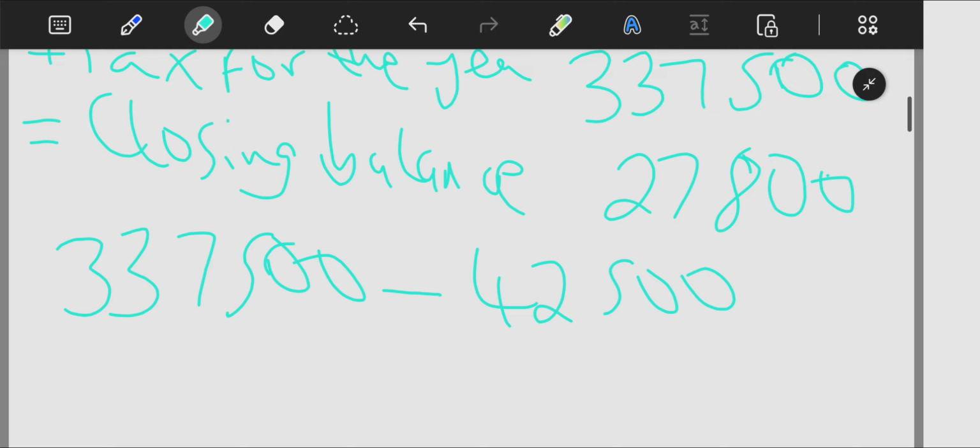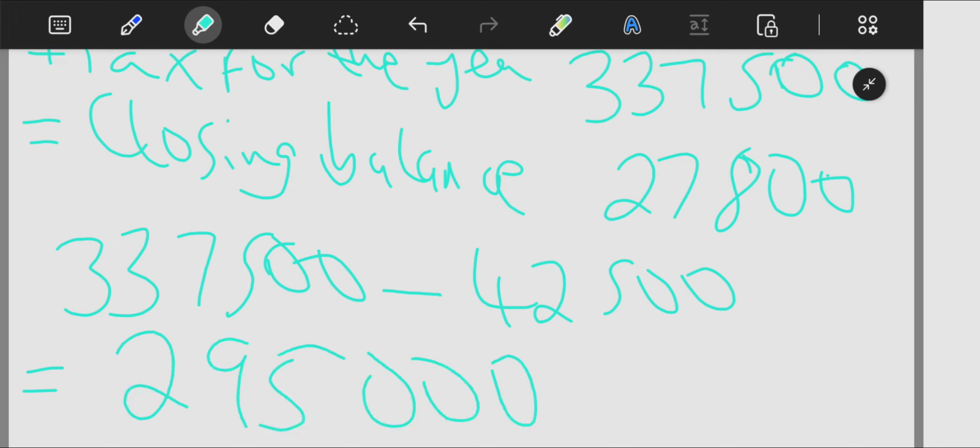And then how much do we get? 337,500 minus 42,500, 295. This is what is actually due to SARS.